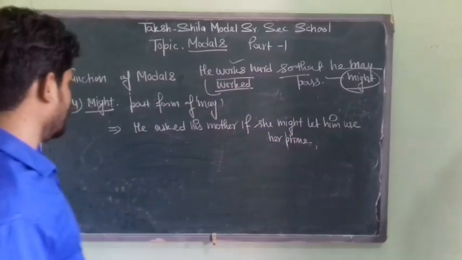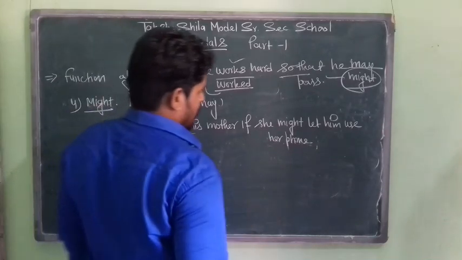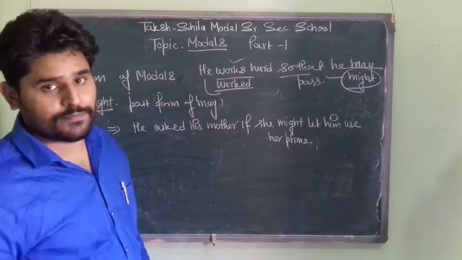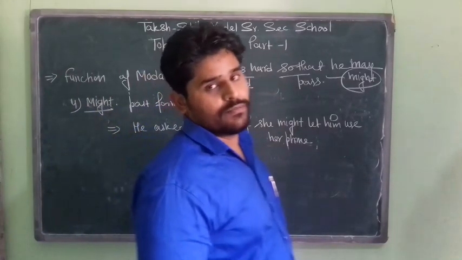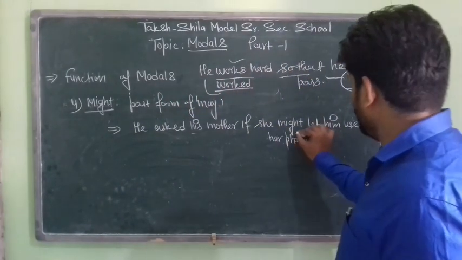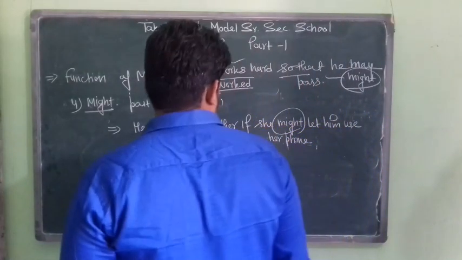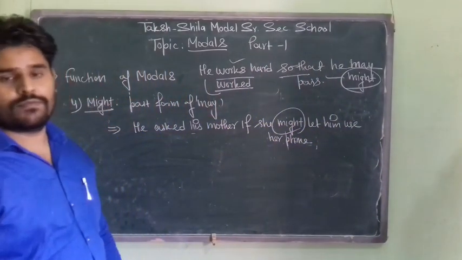So this is a sentence I have written on the board. He asked his mother, so that person asked his mother whether his mother would let him use her phone. So he asked his mother if she might, here might again for permission, if she might let him use her phone.